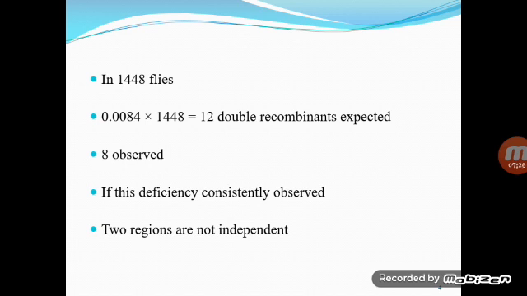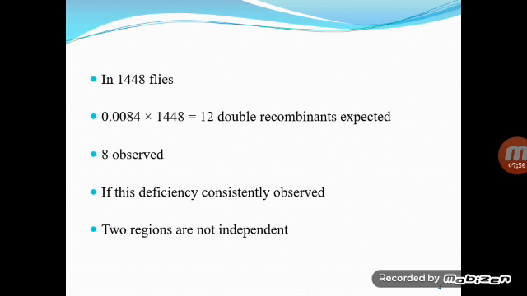If 12 double recombinants are expected, then what will be the observed double recombinants? Data shows that only 8 were actually observed. So there is a difference of 4. Why did these 4 not appear?